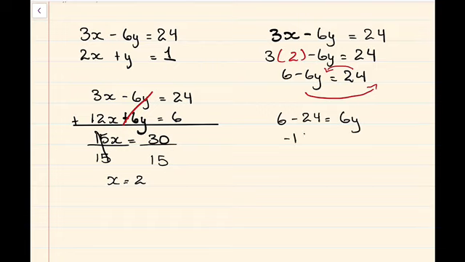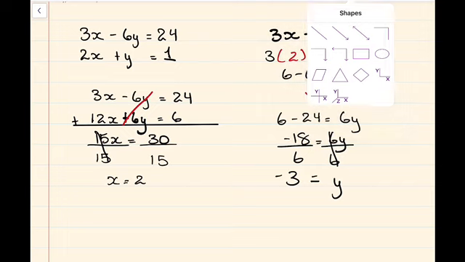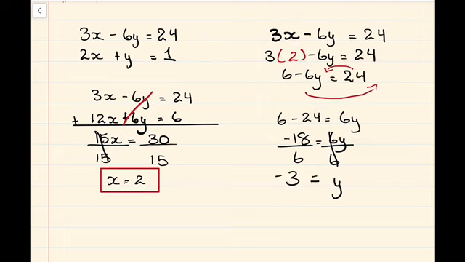So this would be negative 18 is equal to 6y. And to solve for y, we would just divide again on both sides. So this would be y is equal to negative 3. Right, so we have x is equal to 2 and y is equal to negative 3.